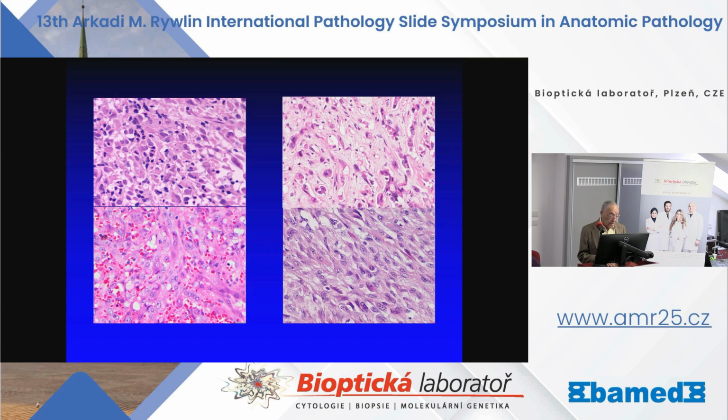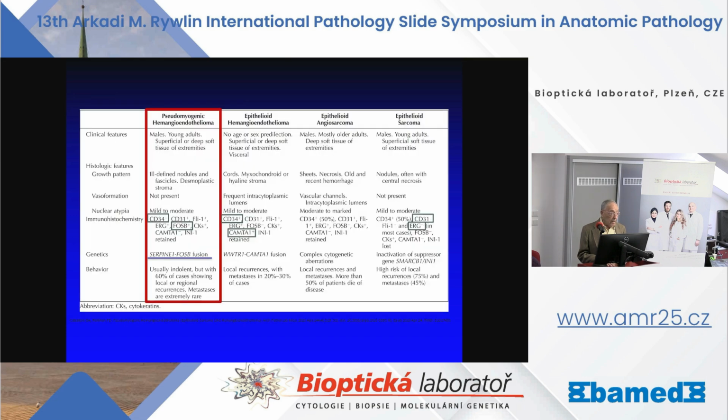There are cells with ample cytoplasm. And here's the differential diagnosis. There is frequently CD34 negative, CD31 positive, FLI1, ERG, and FOSB are positive.